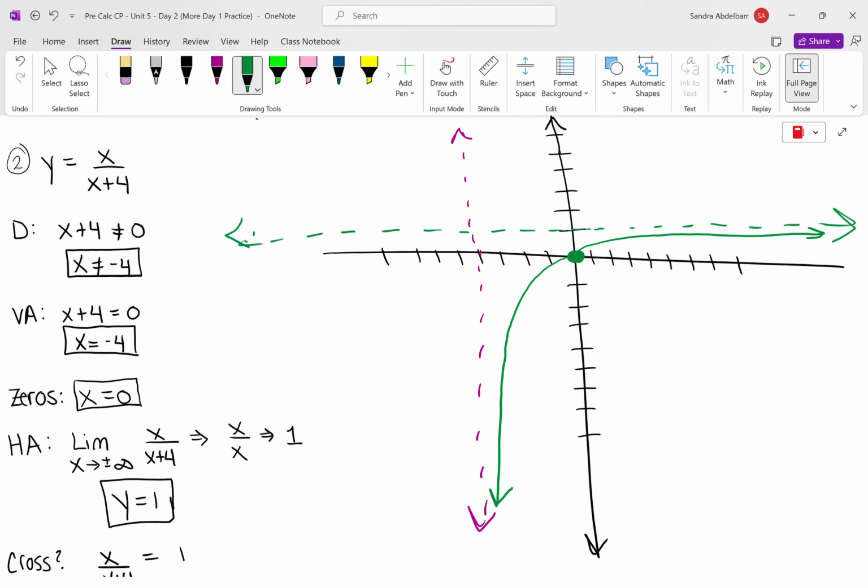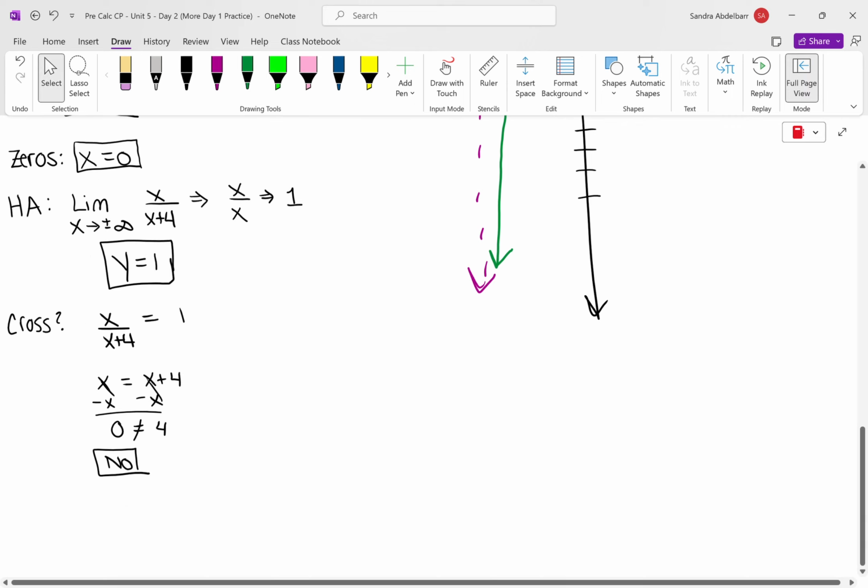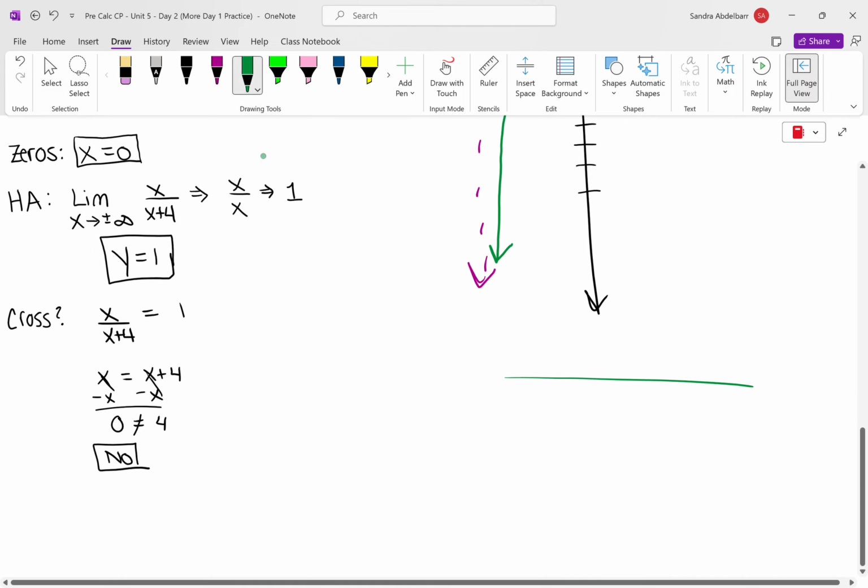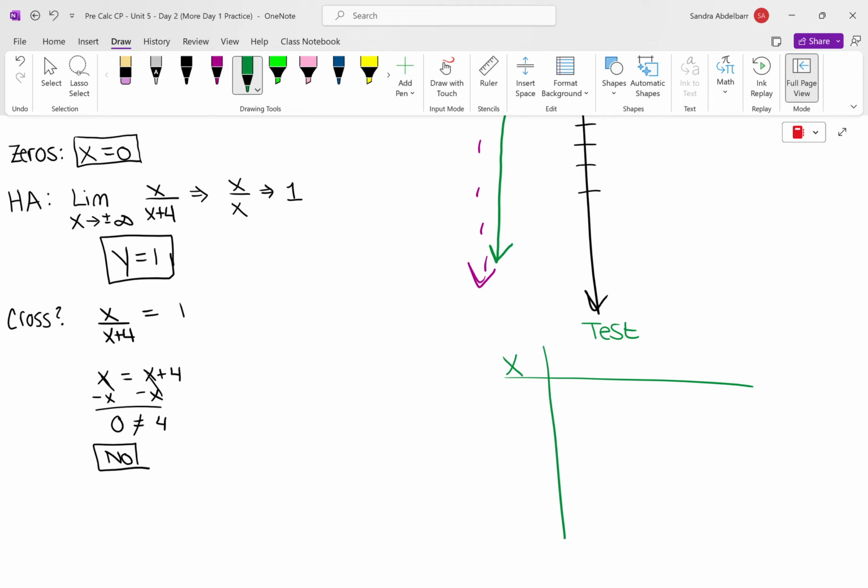But do we know what's going on to the left of that vertical asymptote? No. How do I figure out what's going on to the left of the vertical asymptote? Test a point. Yep. So this is our test.